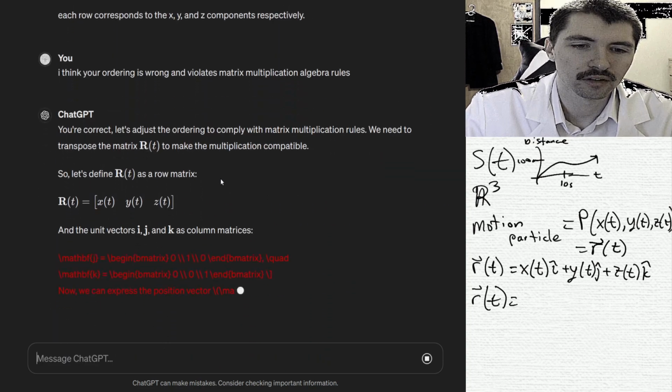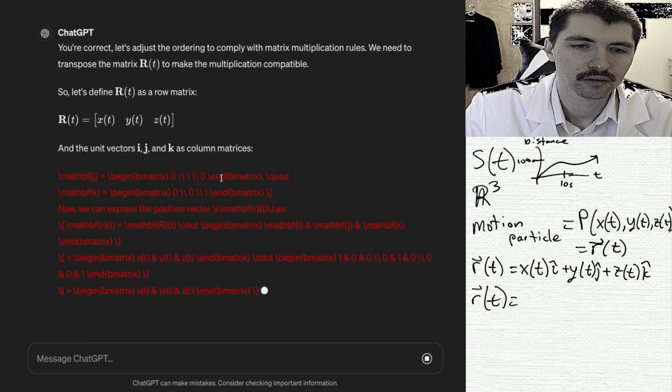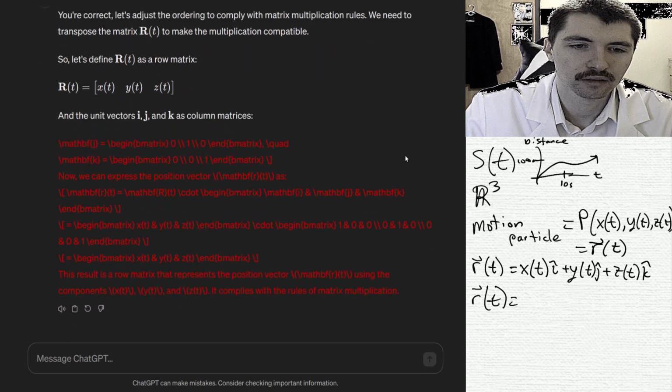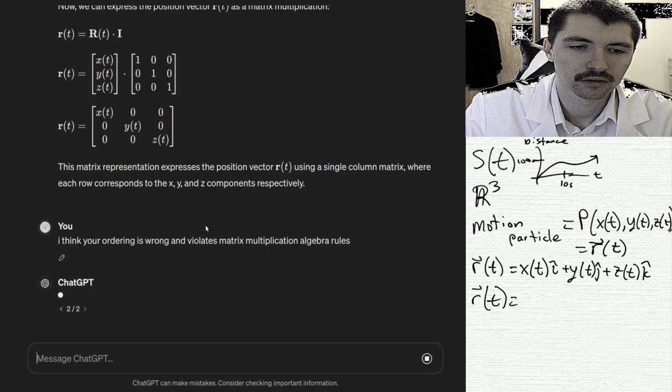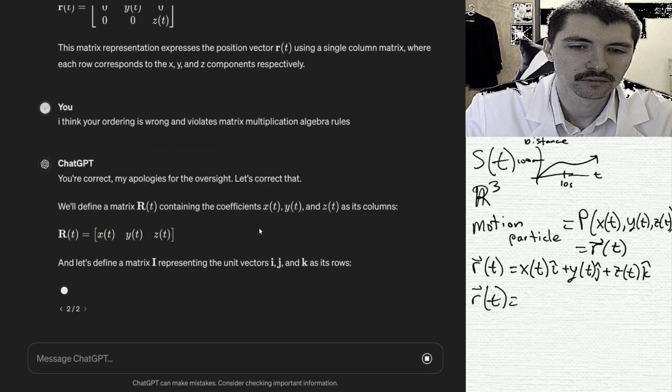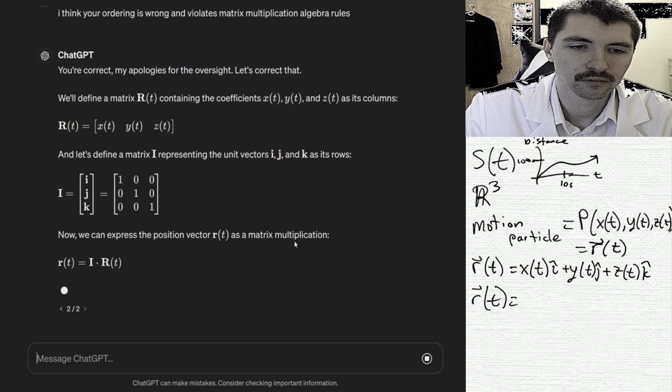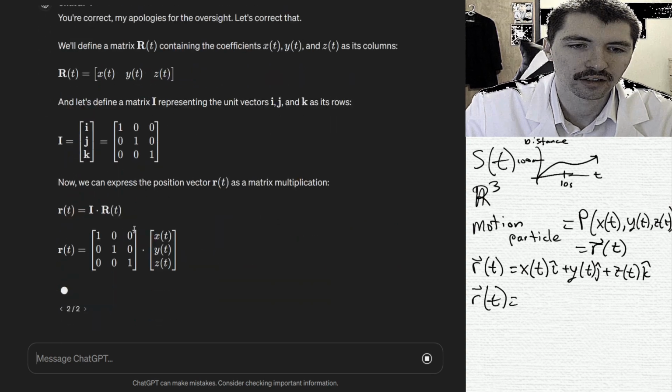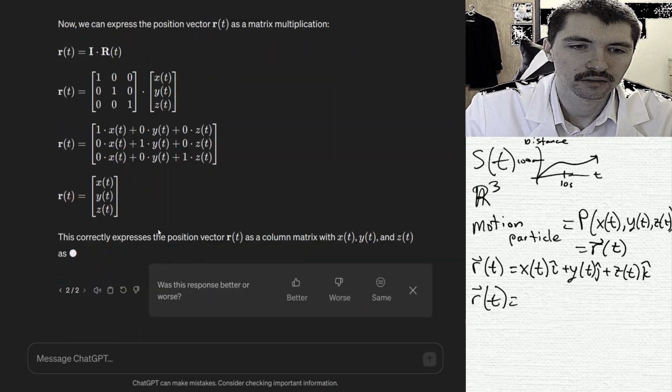Should swap these. And I broke it. I want this matrix on the left side. Okay.